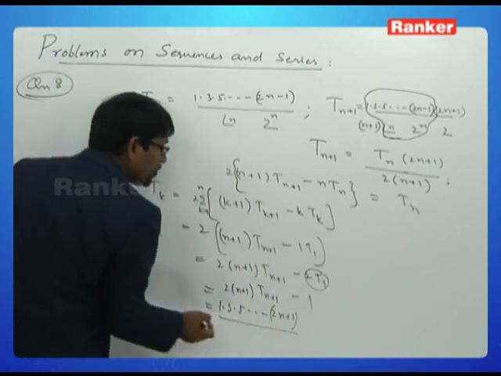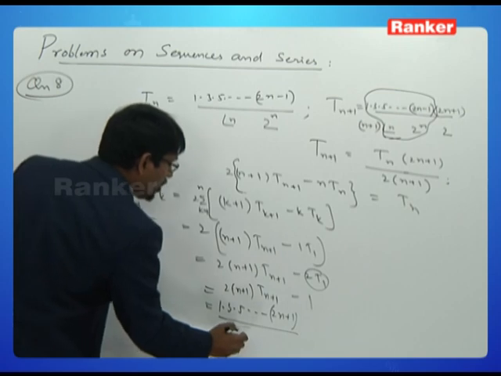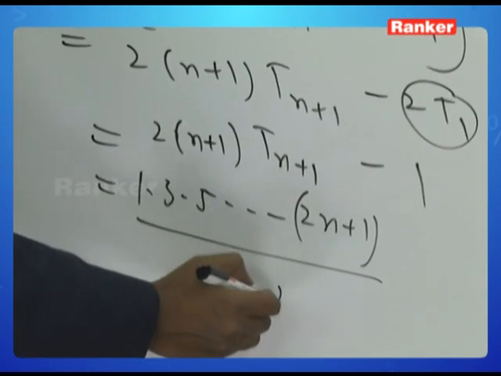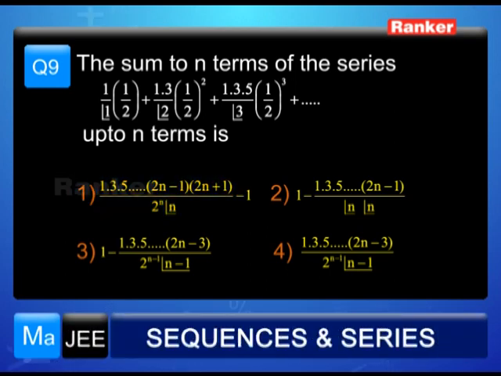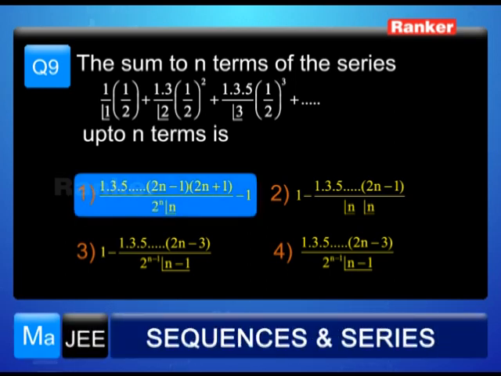What you are left with is n into n factorial into 2 power n, that minus 1 there. So that makes it the right option, option 1 there.